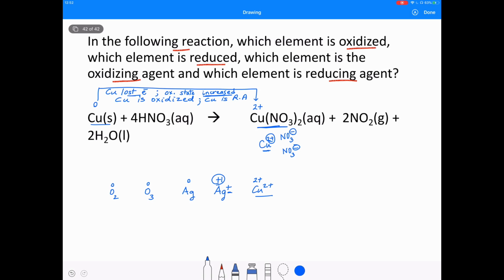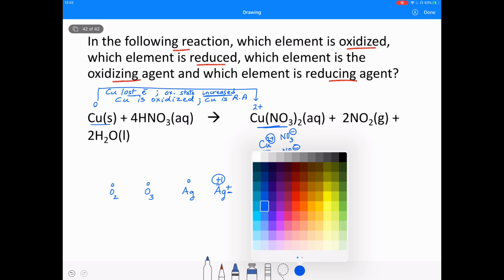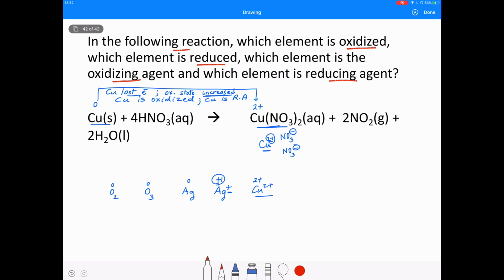All right. Now let's figure out which element has undergone reduction. Let's start with nitric acid and start assigning the oxidation states. According to the rule, hydrogen gets +1. Remember, the usual rule for hydrogen is +1. Assign it +1 unless it is an element. Suppose it's H2, then it gets 0.